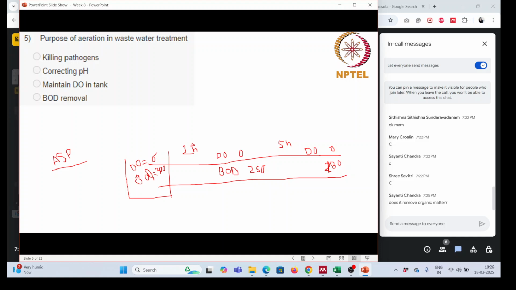So we aerate for the aerobic heterotrophic bacteria to grow, which consume organic matter. So yes, it does remove organic matter. You understood? Okay, thank you. So aeration is used for bacterial survival and growth, which consumes organic matter.